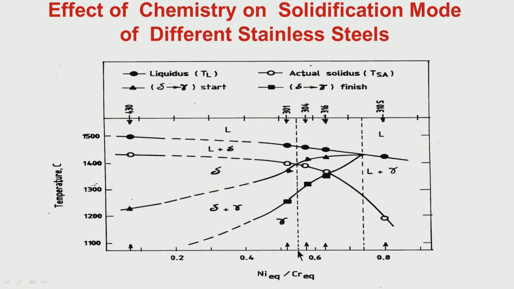At this ratio of say 0.55, less than that, it is totally delta solidification, only delta ferrite. Beyond 0.74, it is only austenitic solidification. In between 0.55 and 0.74, we have mixed, and for different grades depending on this ratio, the location where solidification takes place is also dictated.